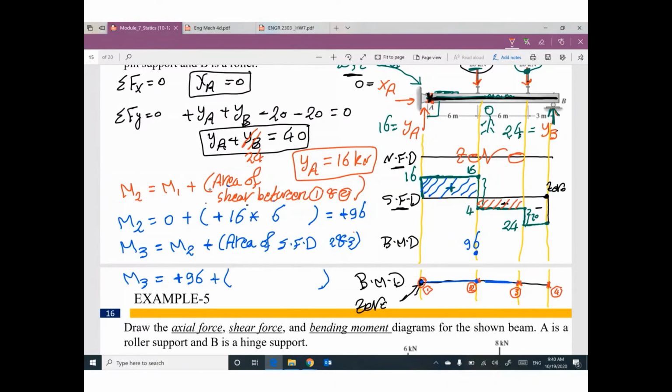Negative 4 times 6. Your value will be 96 minus 4 times 6. Your value will be positive 72. So we have a value here, for example, 72.